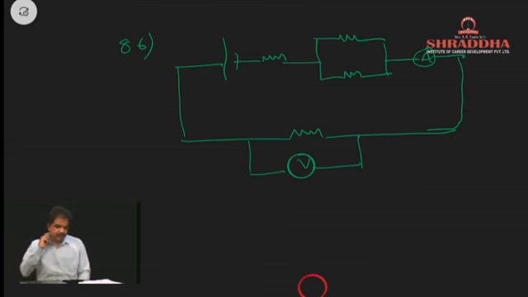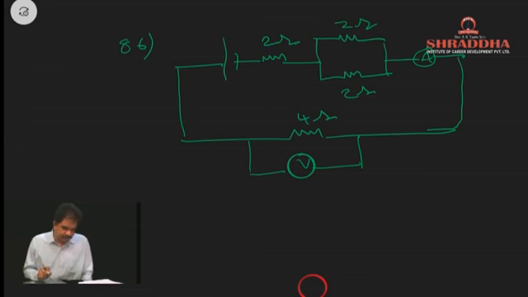This is voltmeter, this is ammeter. These resistances are 2 ohm and 2 ohm. This will be 2 ohm. This will be 4 ohm. This will be 4 volt having internal resistance 1 ohm.